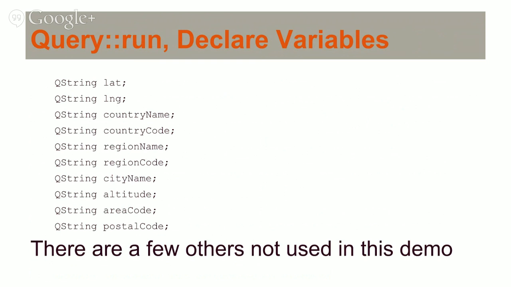These variables are most, but not all, of the bits of data you can get from the location object: latitude, longitude, country name, country code, region name, region code, city name, altitude, area code, postal code. There are a couple more. I'm not quite sure what some of these do. I'm not really sure what the difference is between area code and postal code, but they exist, and in this demo we're going to get and use these. So declare the variables.